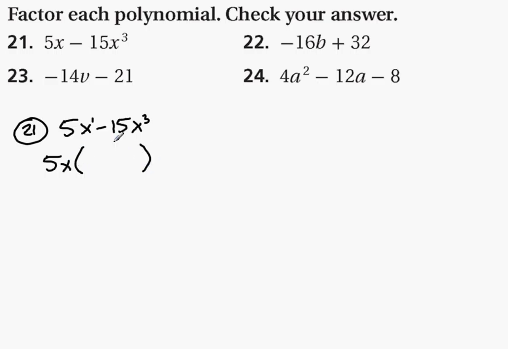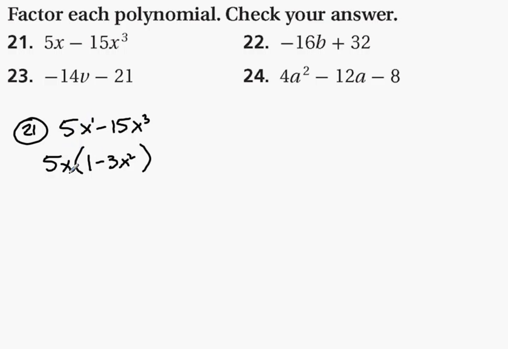Inside the parentheses, now we would say, gee, what would I multiply 5x by to get 5x? And your answer should be 1. Again, asking that question, what would I multiply 5x by to get negative 15x cubed? Hopefully you're going to tell me negative 3x squared. Okay, so how do I know if this is the correct factorization? Well, let's multiply them backwards and see if we get the same thing.